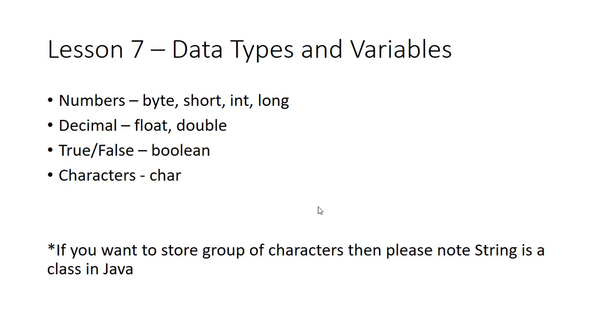If you want to store a larger number, maybe 5000, you will use short. But if you want to use a number greater than 35,000, then you will use int, and the same logic goes for long. So it all depends on memory location.